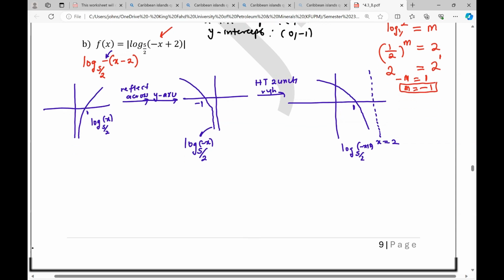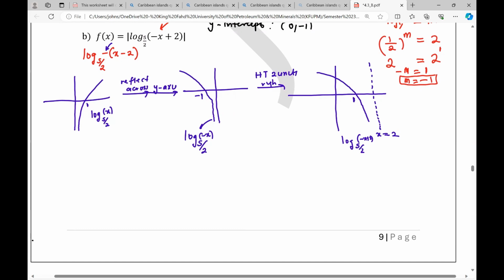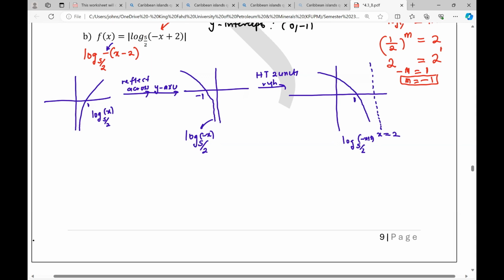Then finally, we have to include the absolute value outside. So now what do we do? Because here we have an absolute value outside, we have to take all this part that is below the x-axis.